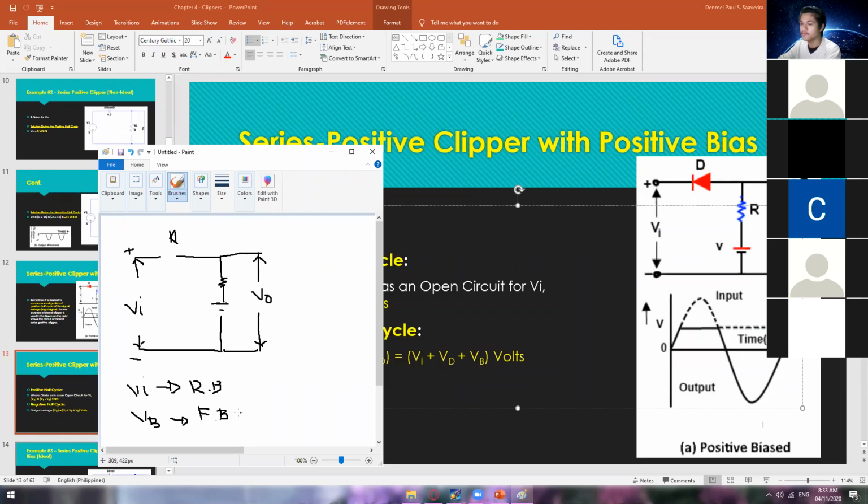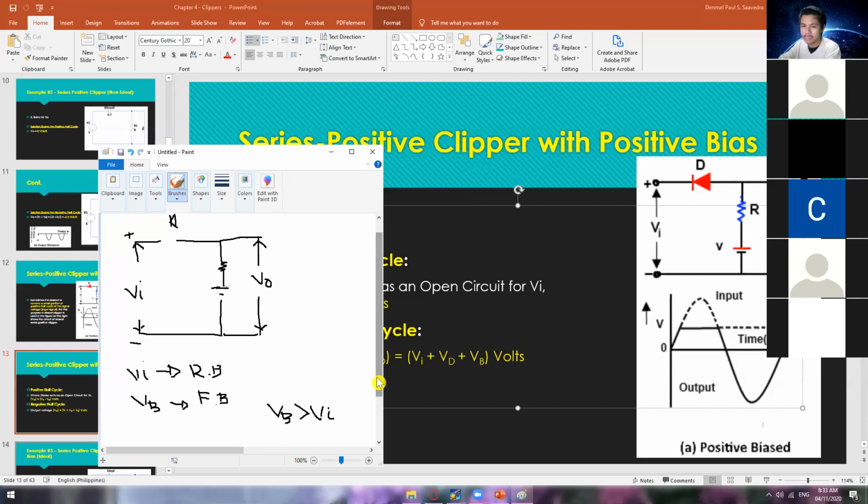Meaning if our VB is higher than our VI, then it will conduct at that certain point. However, if our VB is always lesser than our VI, then we'll never be able to conduct a current on that circuit. So the only time that our VB will be able to make this forward bias is if VB is greater than VI.